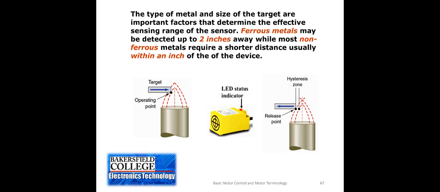So when the object comes within the magnetic field and it reaches a certain position, the detector will detect it. But it can then move out of the magnetic field a little bit before it stops detecting. So the difference between detecting and non-detecting the position is called the hysteresis zone.